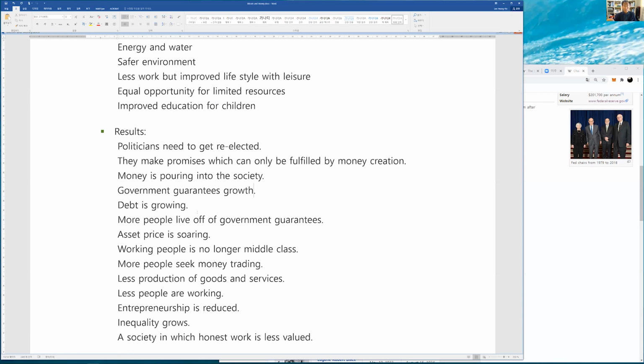And these securities are nothing but IOUs. IOU means I will pay this back with the taxes that the nation will earn in the future. Who is going to pay the taxes in the future? The future generations.